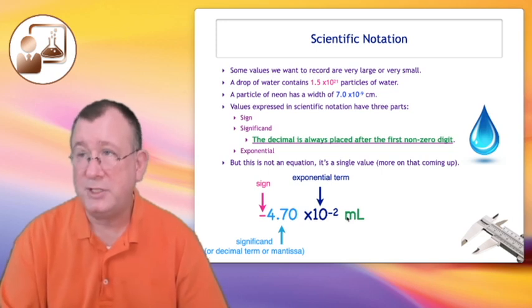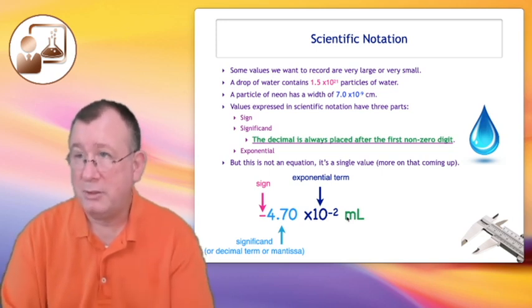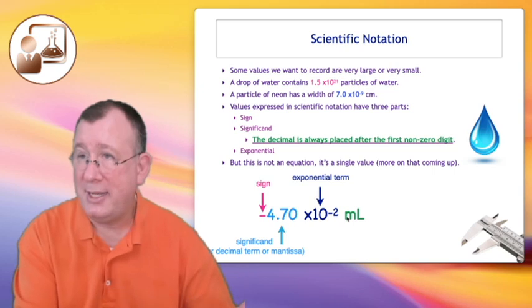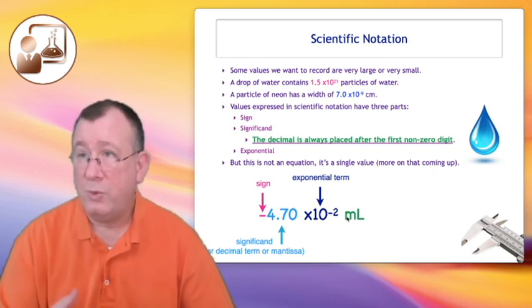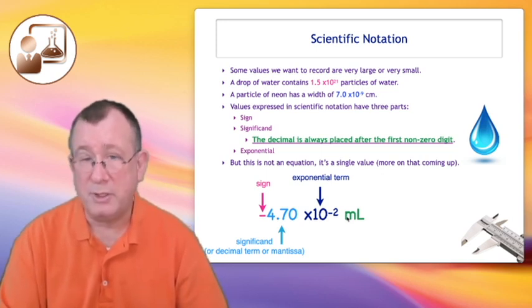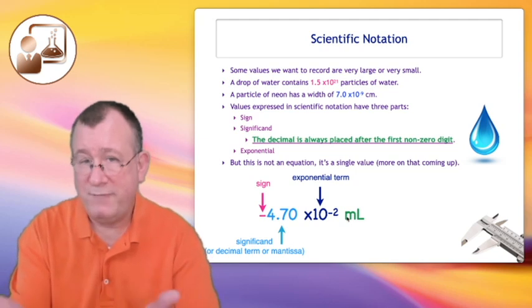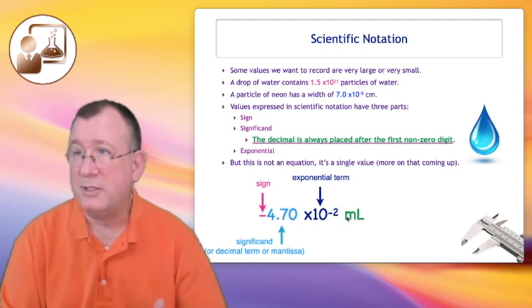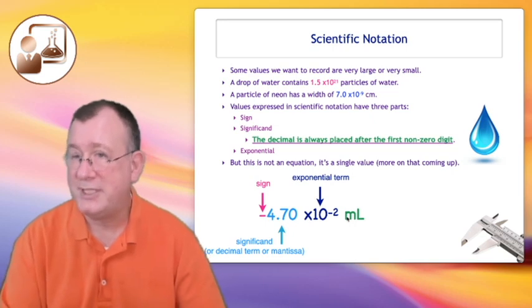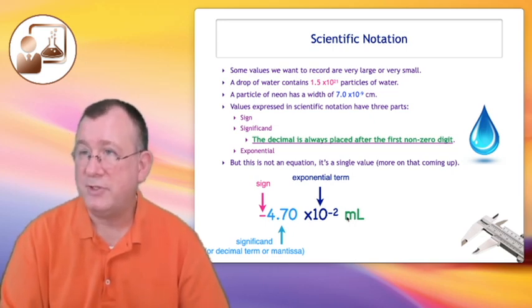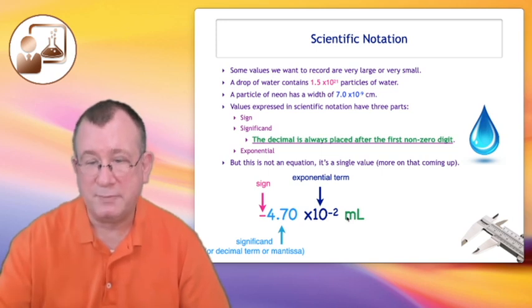It's important to differentiate between an equation and a single number, because as we manipulate these things, understanding that it is a single measurement is important. When you put a label on the end of it, like milliliters, you make it clear that this is a single number, just represented using a different kind of notation, scientific notation.